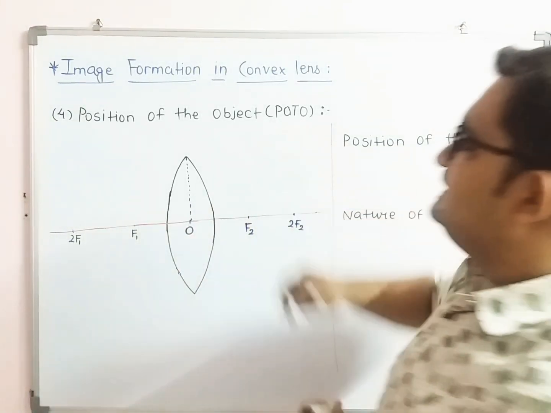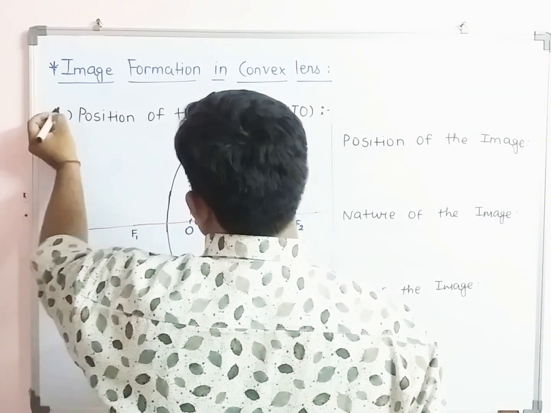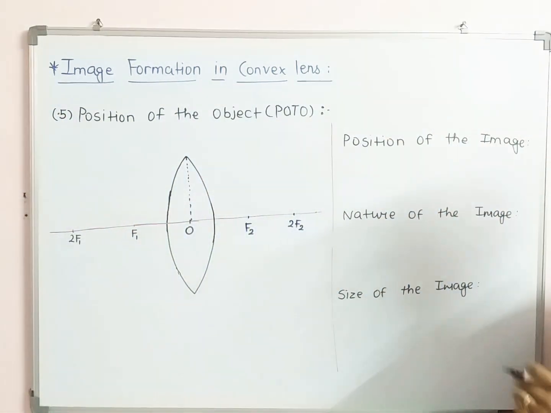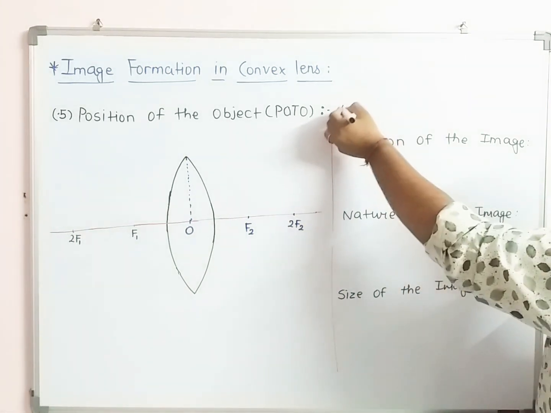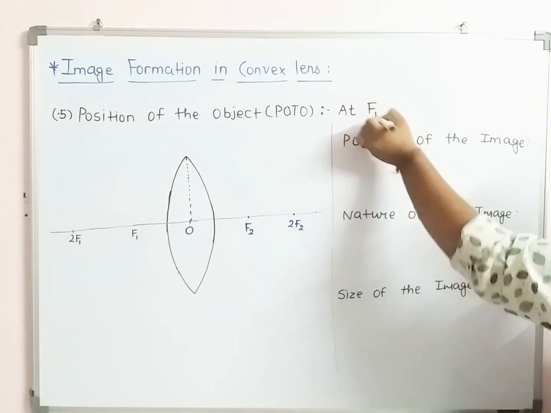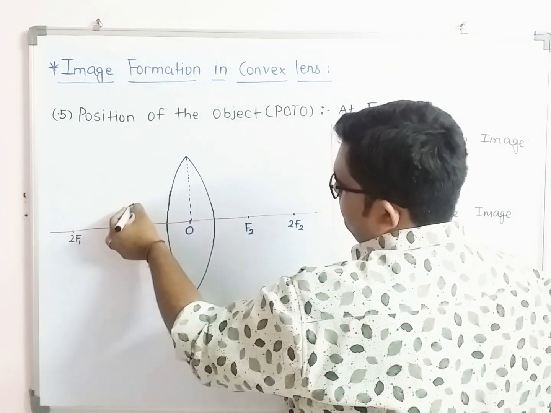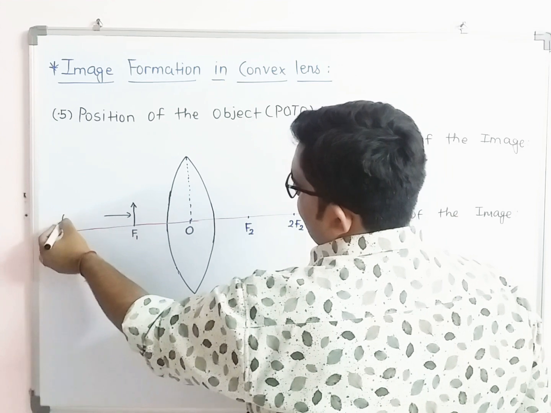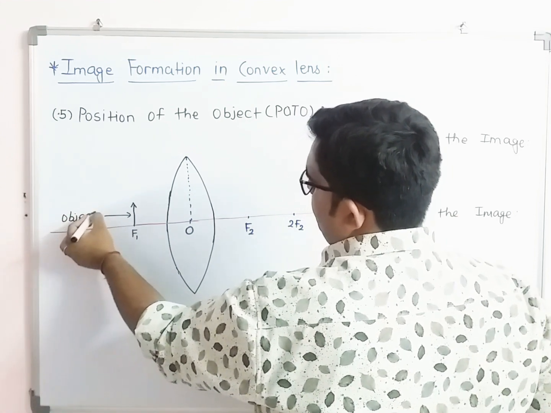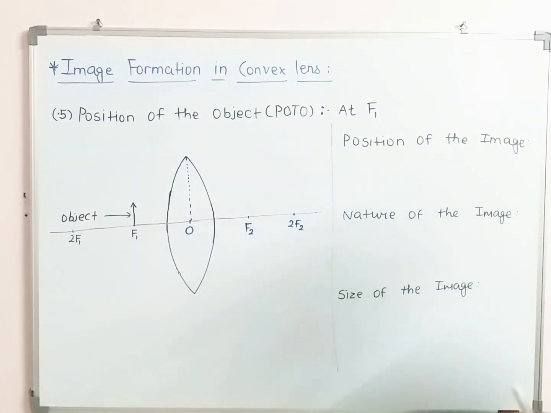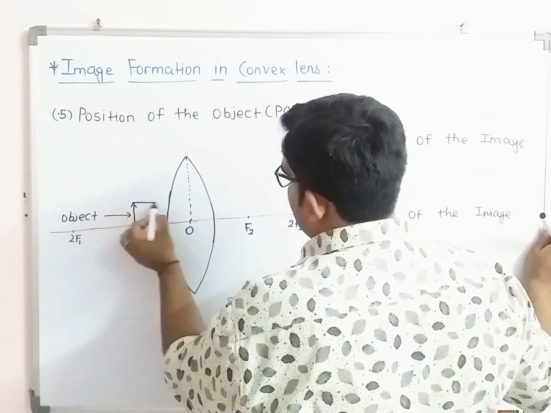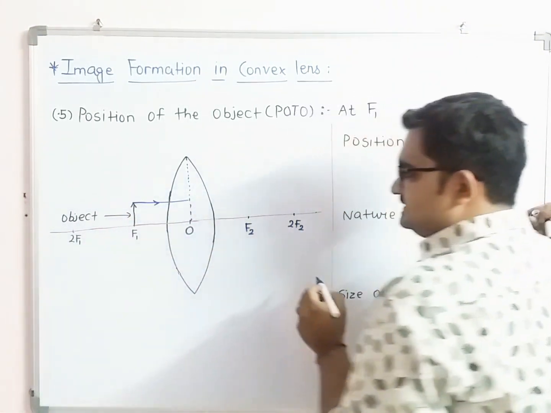Now our next case is the fifth one. Position of the object is, now we put the object at F1. At F1. So here it is the object. Now I get two rays. The first one is parallel to the principal axis.